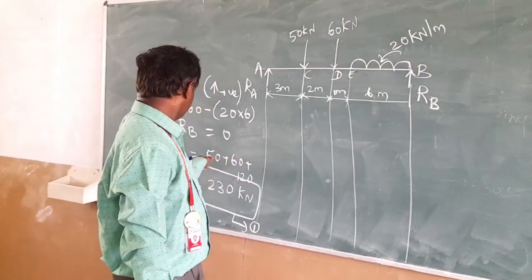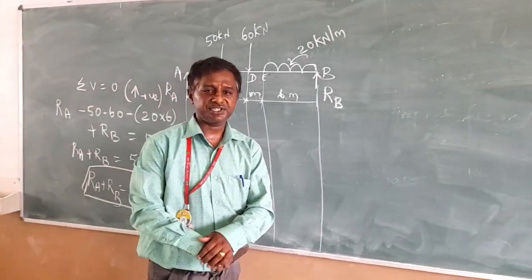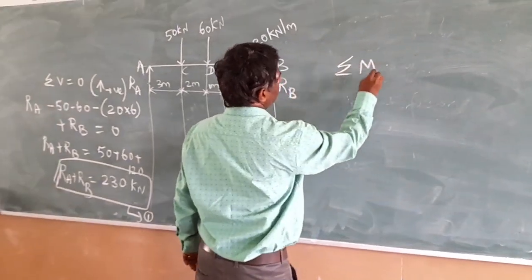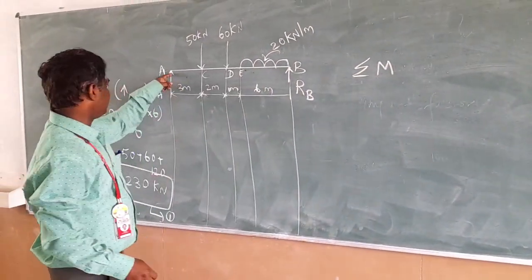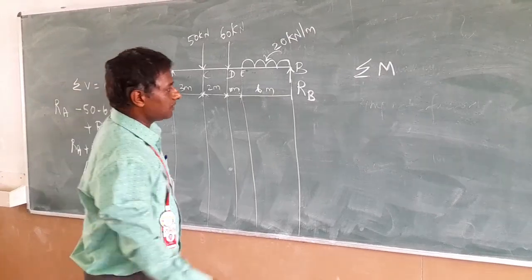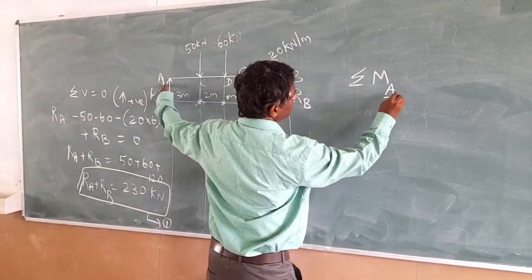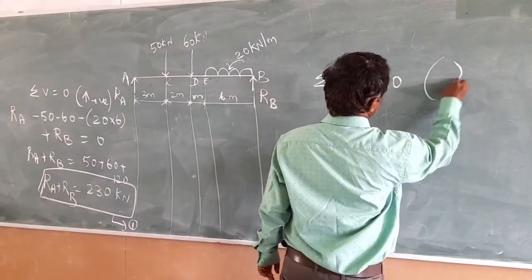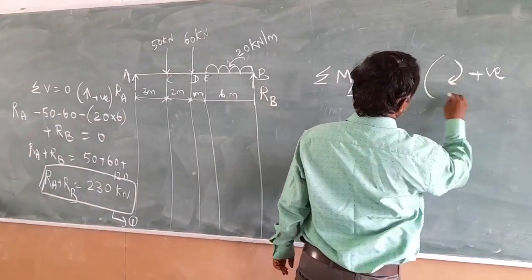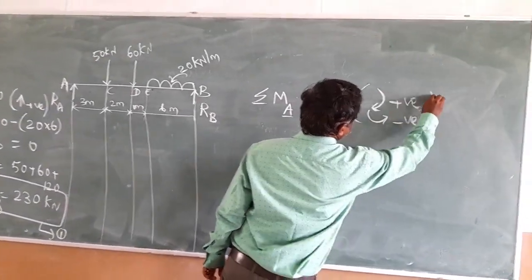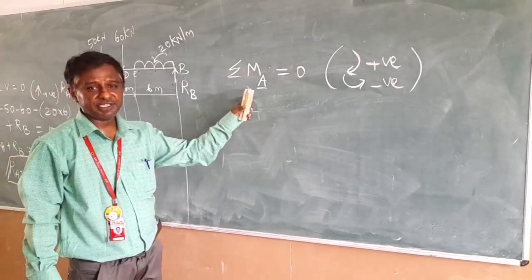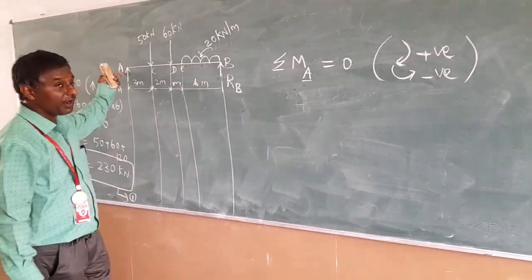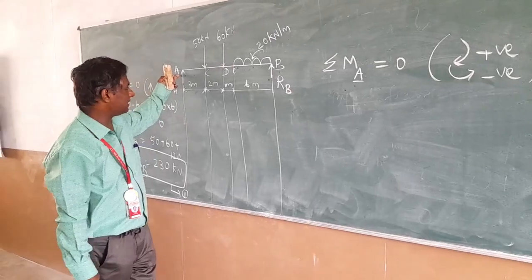Next, we go for another statically equivalent equation, the bending moment, sigma M at any point. I am taking the point where the support is, so at point A, equal to 0. The sign convention: I am taking clockwise as positive, anti-clockwise as negative. Now all forces should reach point A in a clockwise or anti-clockwise manner.